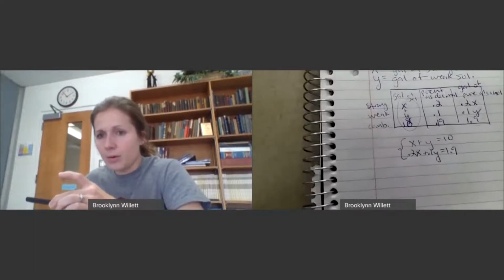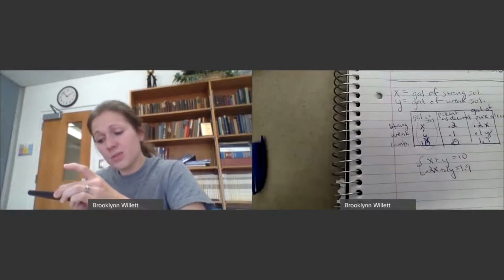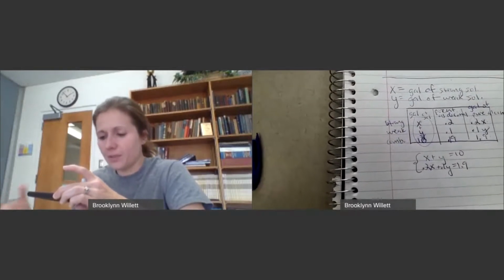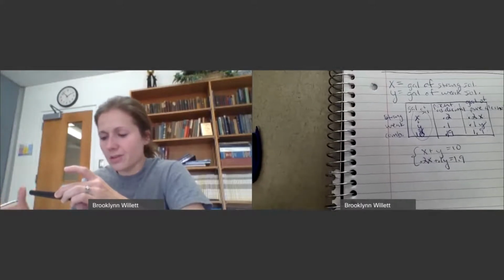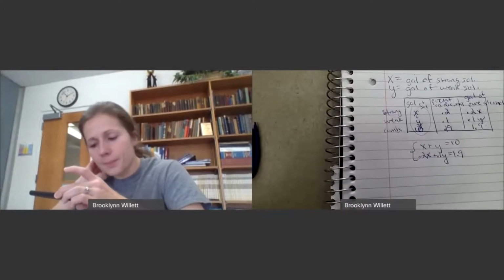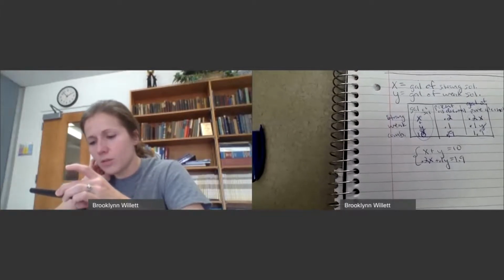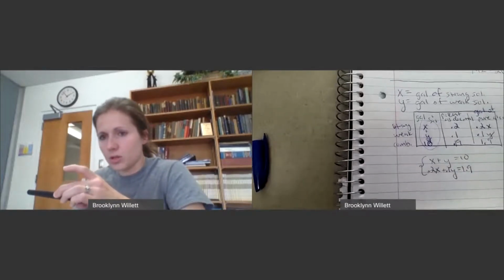At this point, I would probably use elimination to solve. Substitution depends on your preference. I would say substitution and elimination might be equally easy, but I'll do elimination for this one just because we already talked about substitution on the last one.